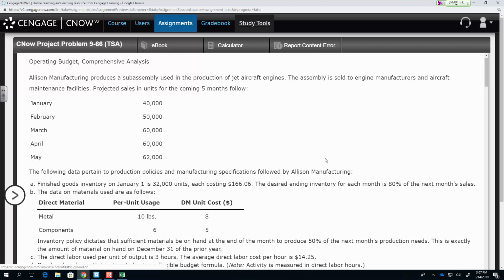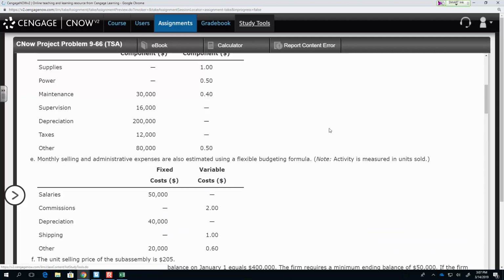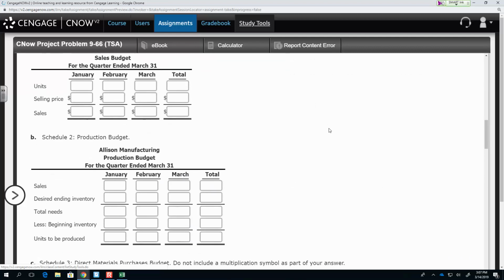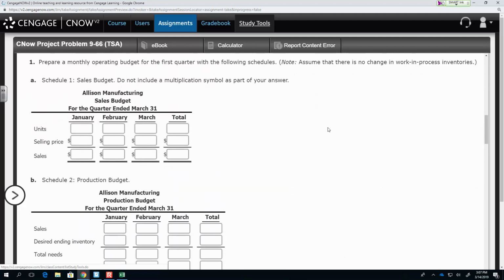Your task for your Excel project is to make the budgets fit the Cengage system. So for your project, we're not doing it by quarter. You are going to do it by month. January, February, March will be the months. The total then will be the total for the quarter.